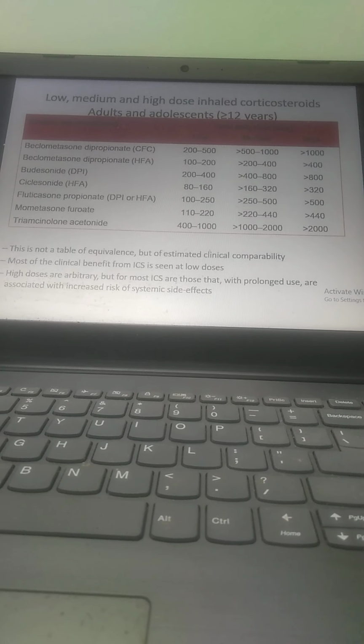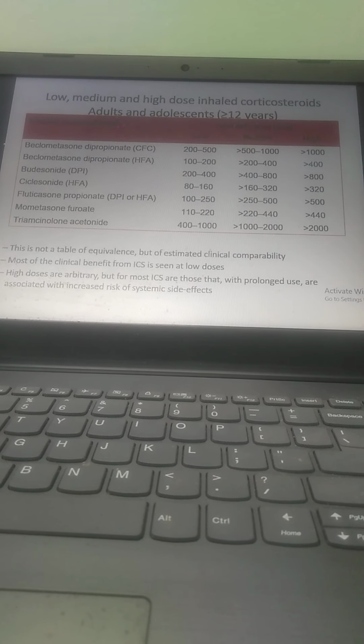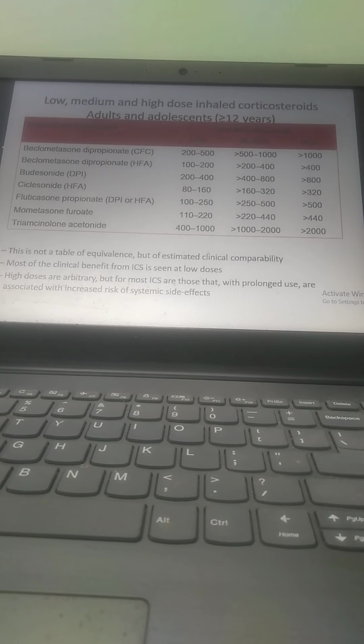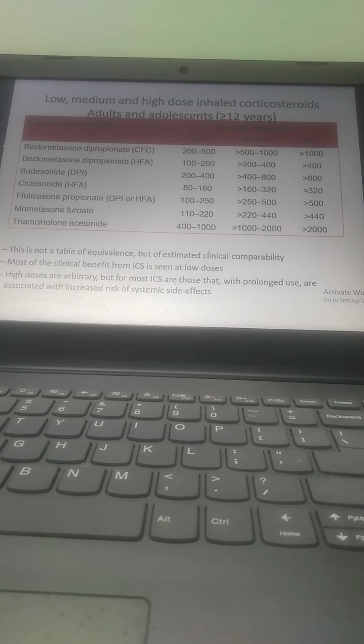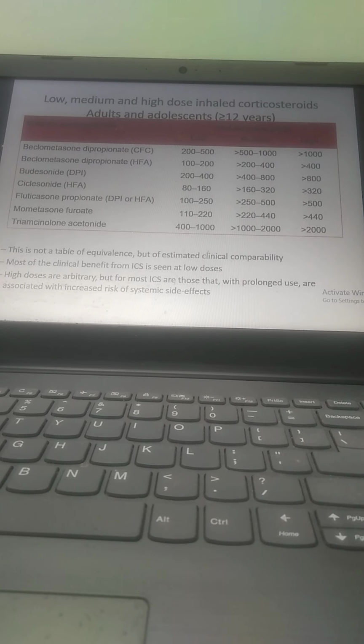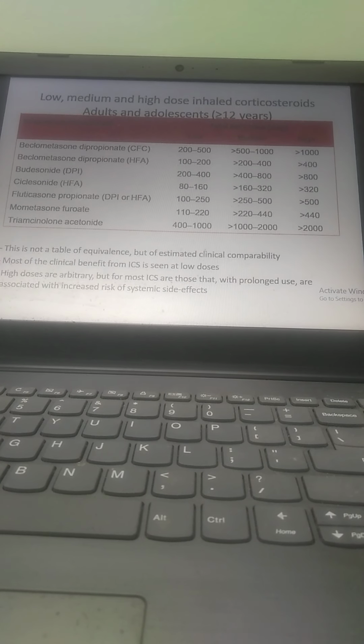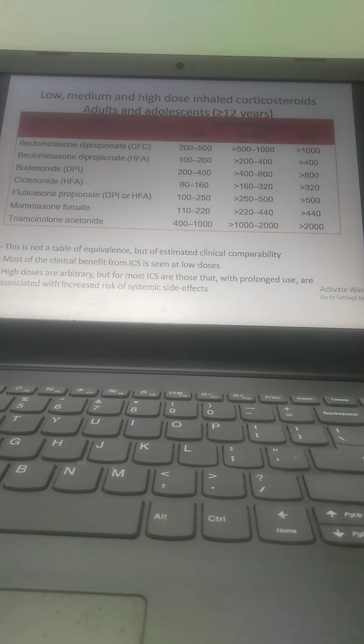Mometasone furoate: 110 to 220 is low, 220 to 440 is medium, and more than 440 is high. Triamcinolone acetonide: 400 to 1000 is low, 1000 to 2000 is medium, and more than 2000 is high. So this is not a table of equivalence but of estimated clinical comparability.